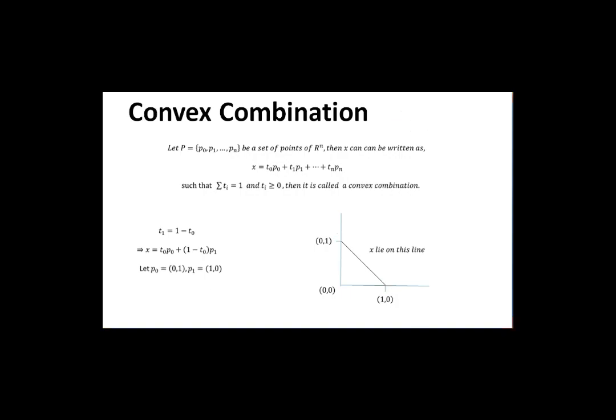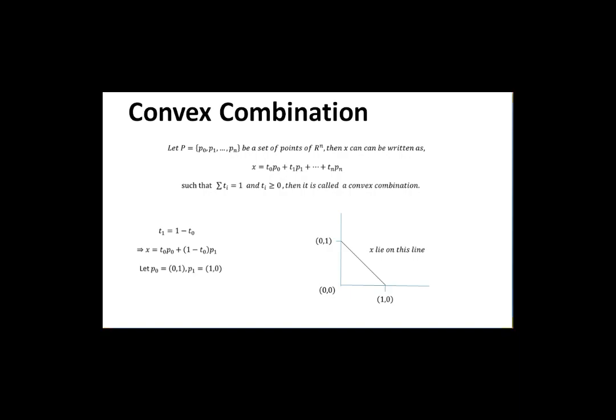So now what is a convex combination? It is something similar, but with an extra condition that all the coefficients are positive. Then our combination is known as a convex combination. So what happens if all our coefficients are positive? Consider the same example as previous. Then if all the coefficients are positive, it means that T naught and T1 cannot be negative.